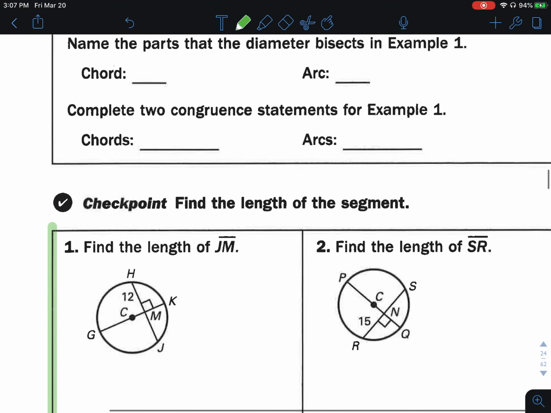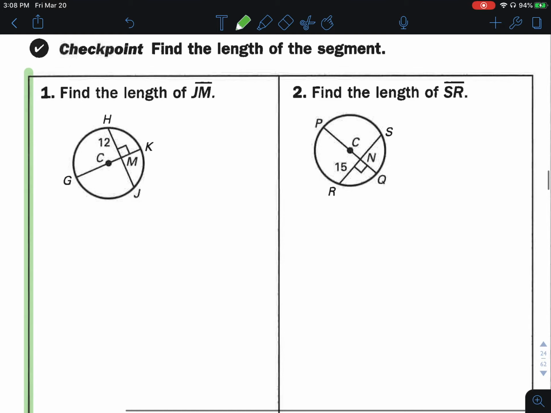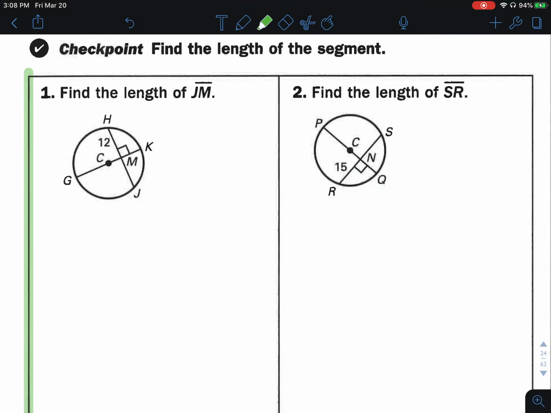Let's go down to checkpoint. So I want to find the length of the segment. So in this case, I want to find, in number 1, the length of JM. Well, I see that GK is a diameter, and it is perpendicular to HJ. So I know that GK is perpendicular to HJ.